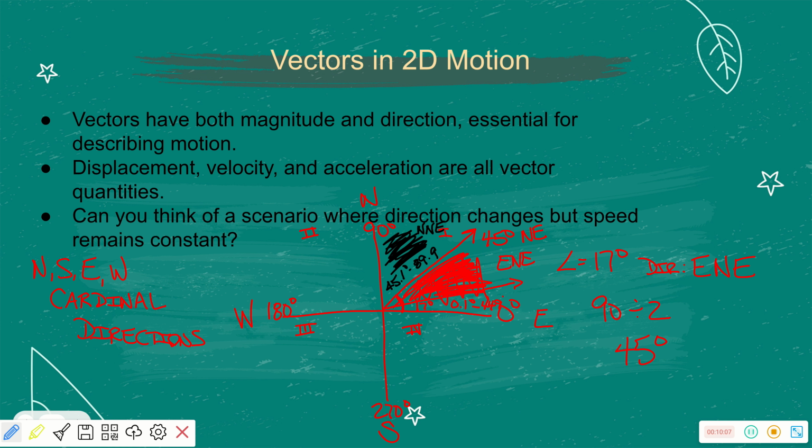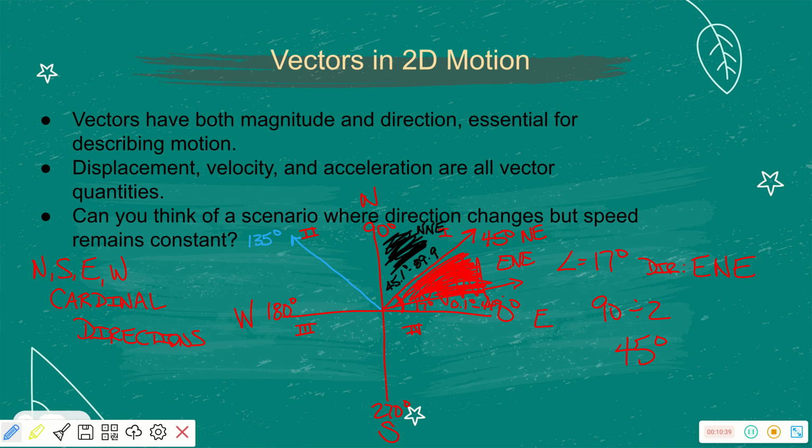But what would the angle be, measuring from the positive x-axis? It's not negative. What's 90 plus 45? It's counterclockwise, so it's 135 degrees. So 135 is the midpoint.